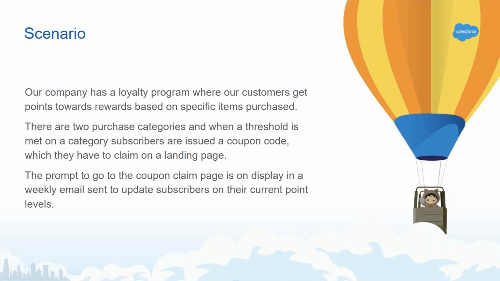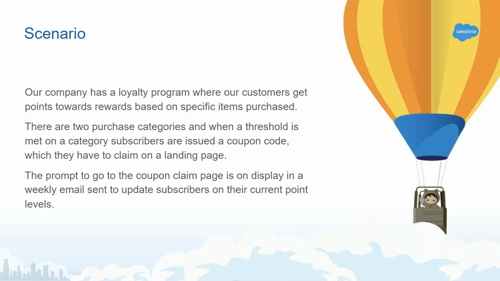So our company has a loyalty program that they want us to stand up an email and a coupon reward site for. There are 2 purchase categories, and when a certain threshold is met, it's 10 points. After they've purchased items out of category A and category B, or tier 1 and tier 2, subscribers are issued a coupon code on a landing page.